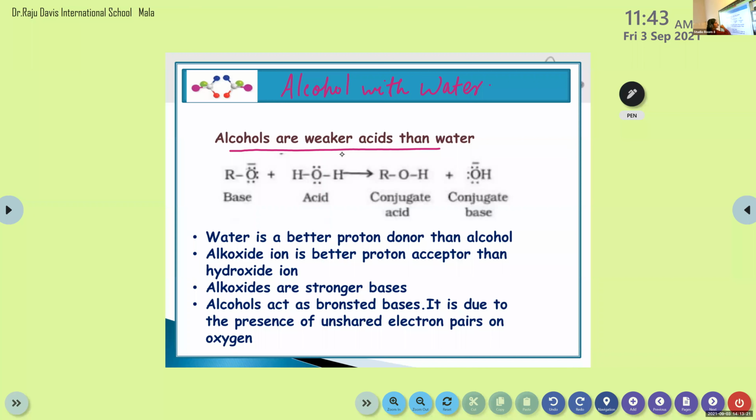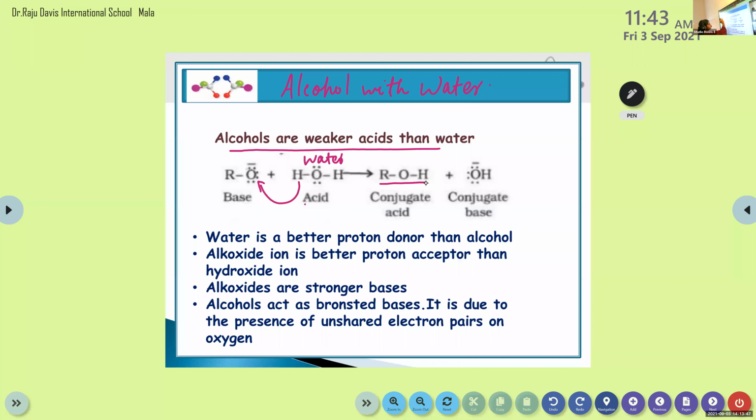Water is considered as acid, and the alcohol group represented as RO minus will act as a base. It will accept one hydrogen from the water and become ROH. And the water molecule will donate an H plus ion and become OH minus.